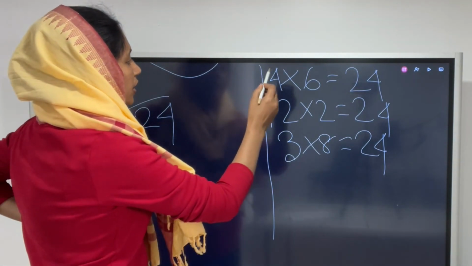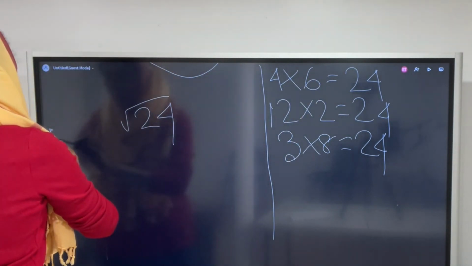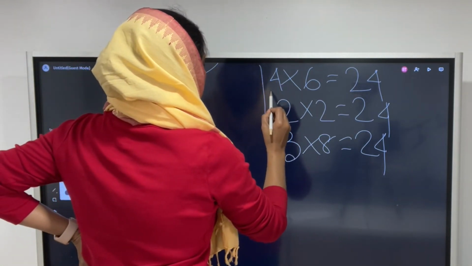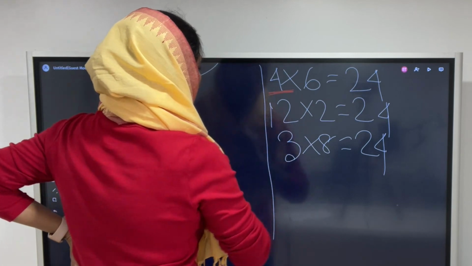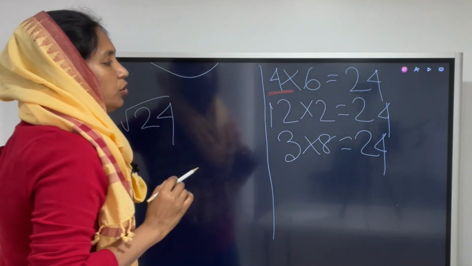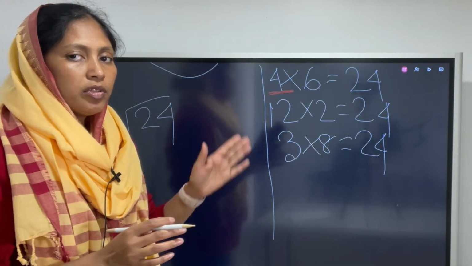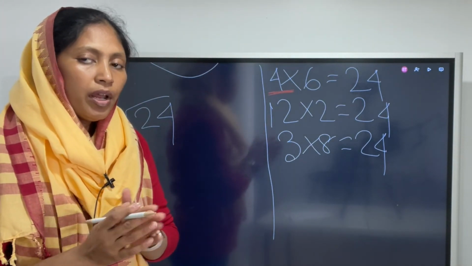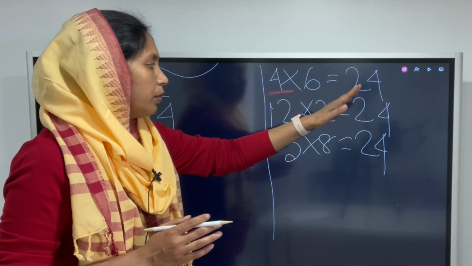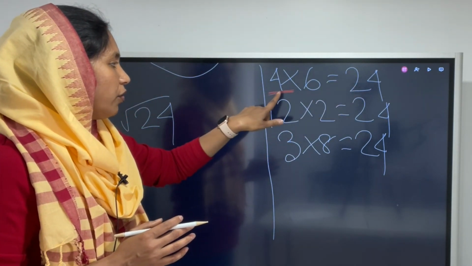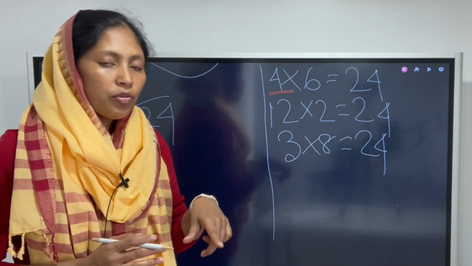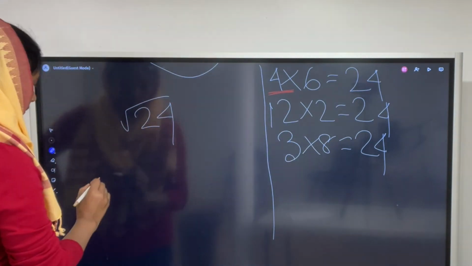In these cases, we see only 4 has the perfect square number. Although 6 doesn't have that, you don't have any problem because you can keep one number like that. You don't have to simplify that part, but if you break down 24, you can get 4 and 6, and 4 has the perfect square root. So we can go by this one.